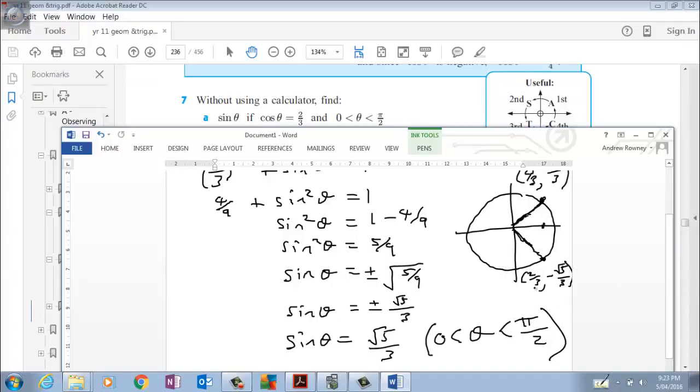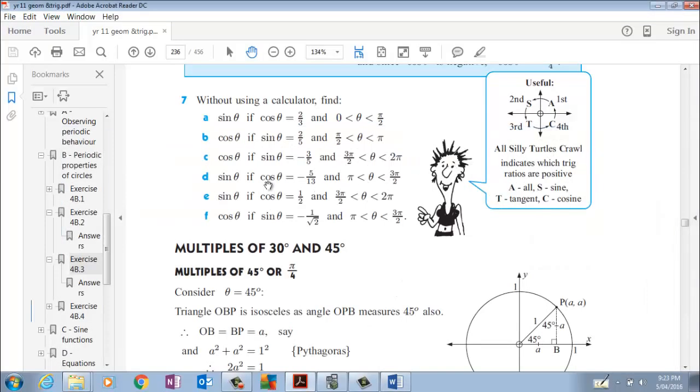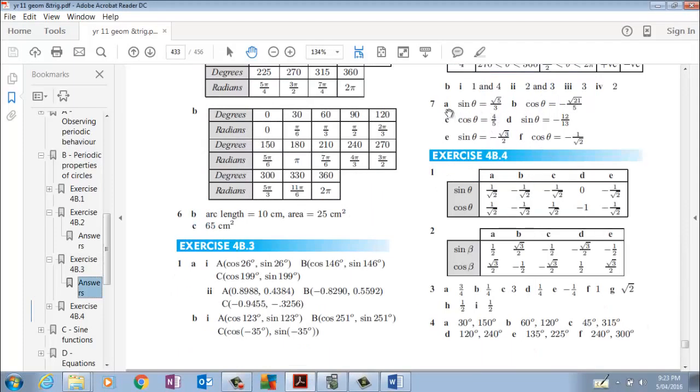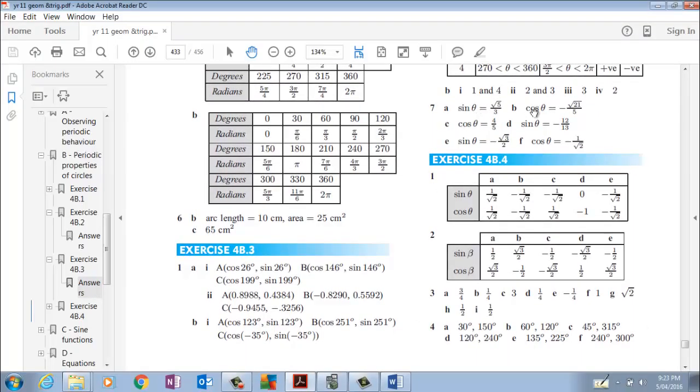And that's how you do question 7. So if you have a go at the rest of those or some of those, then come back for the solutions. And here are the solutions for 7. We've got A, B, C, D, E and F.